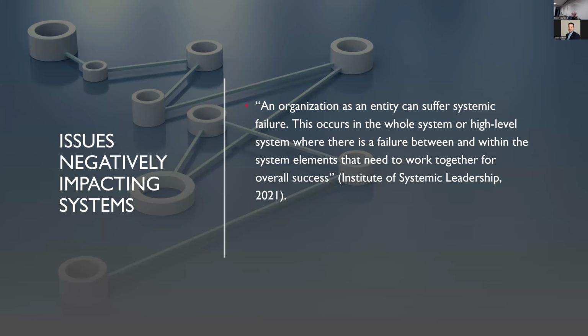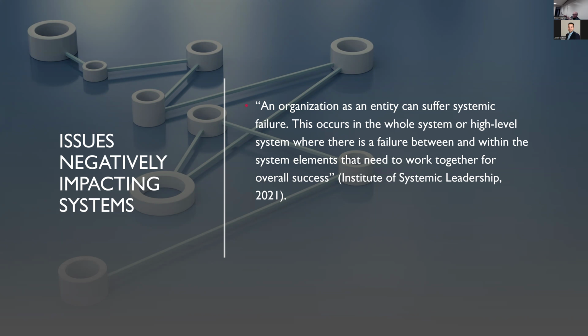An organization as an entity can suffer systemic failure. This occurs in the whole system or high-level system where there is a failure between and within the system elements that need to work together for overall success. So if the interconnectedness is not positive, if the interconnectedness is absent, then that system is going to fail.